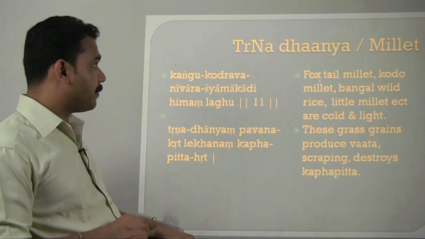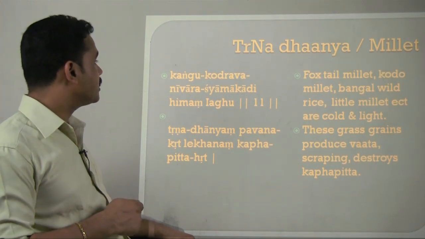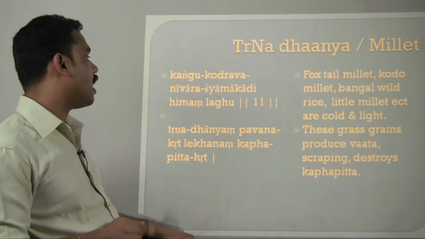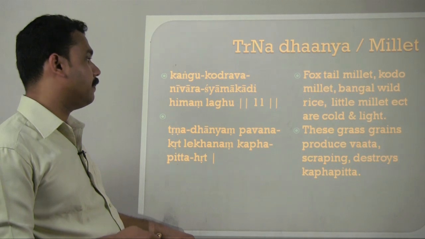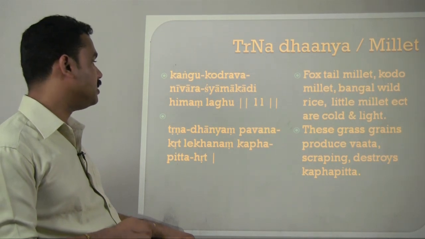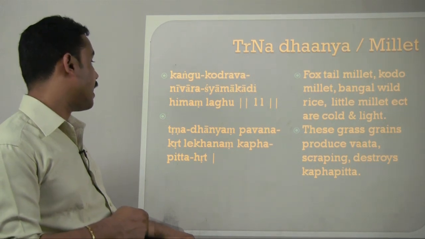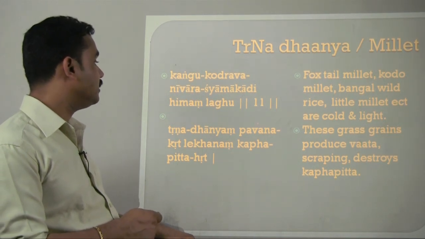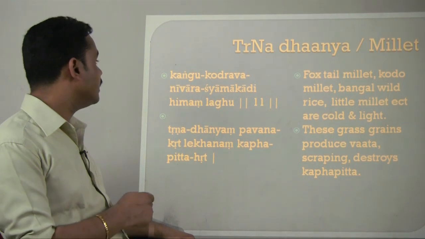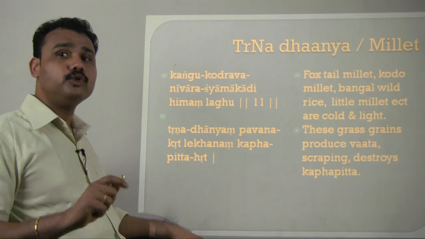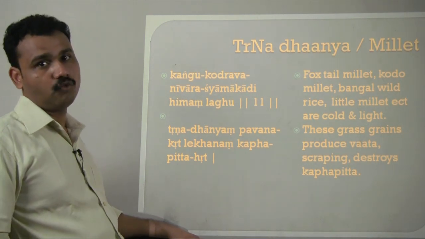So I am not detailing this. So these Trinadhanyam, these grass grains are Pavanakrit, produces Vata. Pavana means Vata and Krit means produces. And Leghanam. So the disadvantage of these grains is that they produce Pavana, Vata.